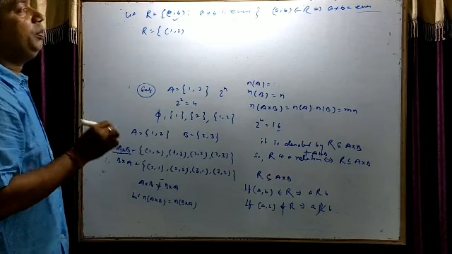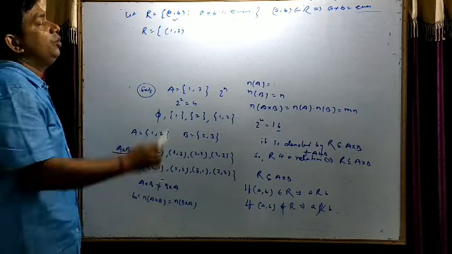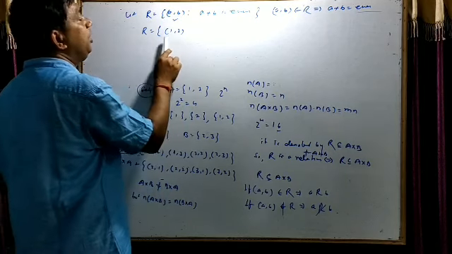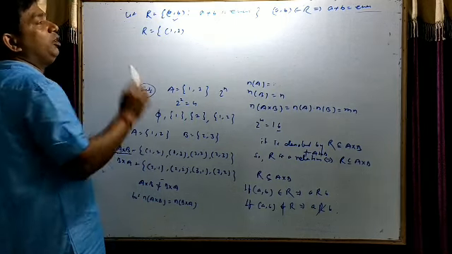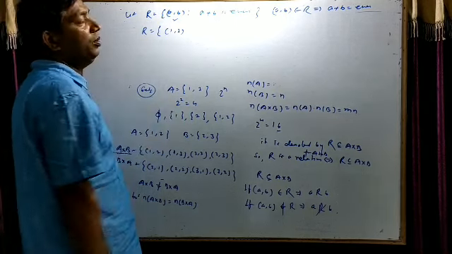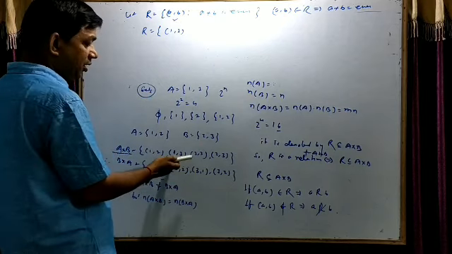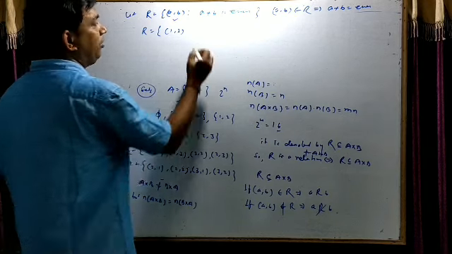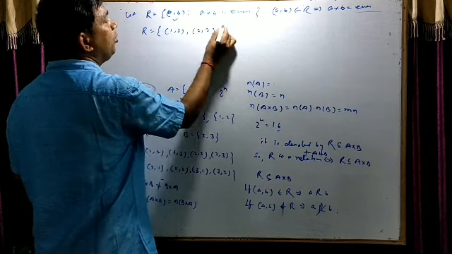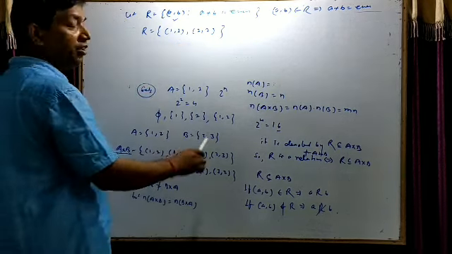Then only the ordered pair belongs to this set. So (1, 3) belongs to R. Why? Because 1 plus 3 is even. Next, (1, 2) is not possible. (1, 3), (2, 2): yes, (2, 2) is also there, but (2, 3) is not there.